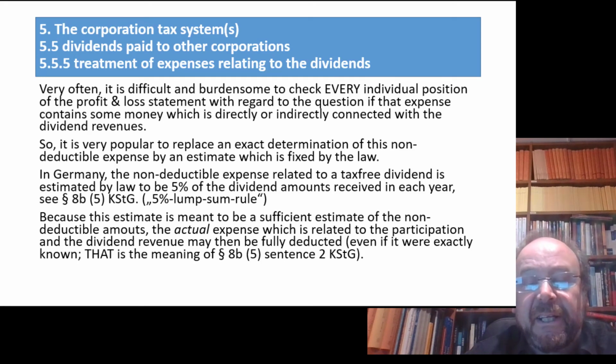You can then actually deduct it because the non-deductibility has been dealt with and will always be dealt with by the estimate rule, the lump sum rule in 8b5. That is, by the way, the meaning of that rather curious sentence in 8b5 sentence 2, which says 3c2 EStG, so expense related to tax-free revenue cannot be deducted, that this 3c2 has then not to be applied anymore if 8b5 is applicable.